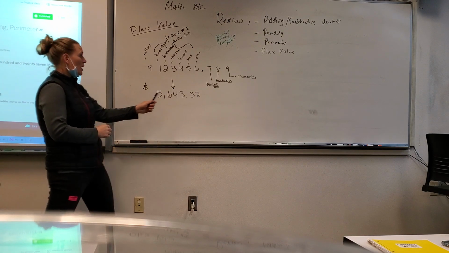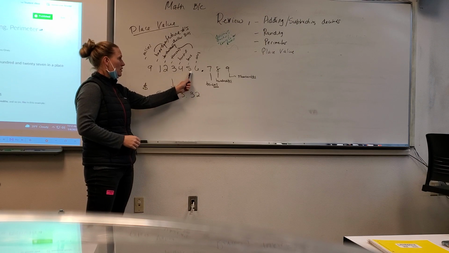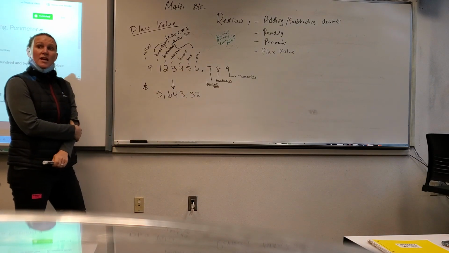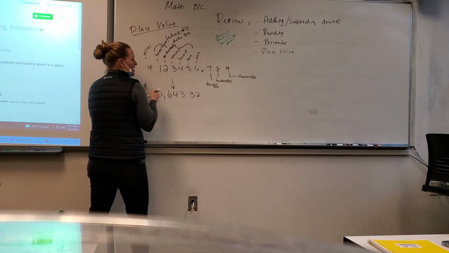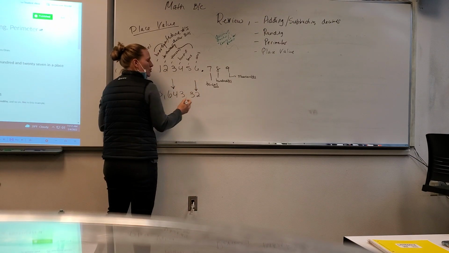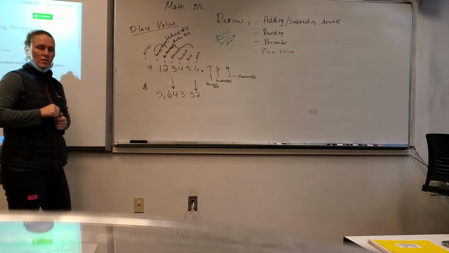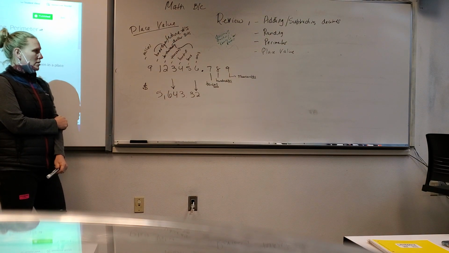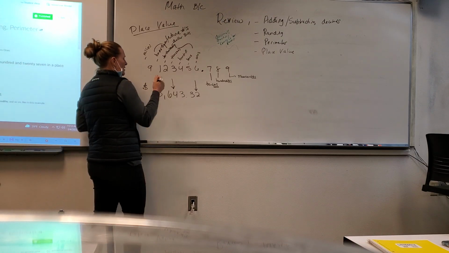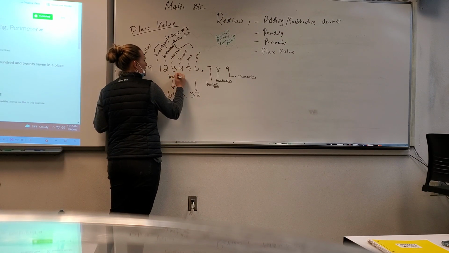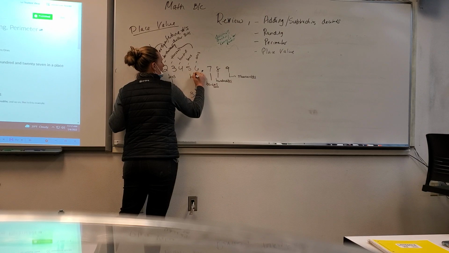You're only 2 spots away from the decimal. So it's the tens. Good. What would be the place value of this 2? Hundredths. Good. So this is the tens and this is the hundredths.